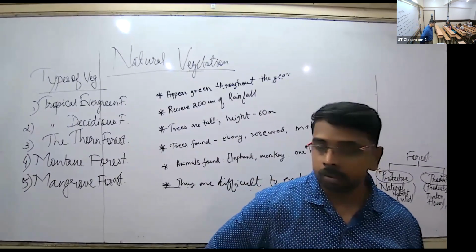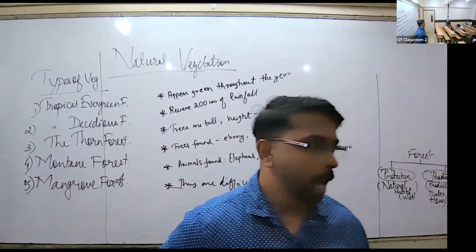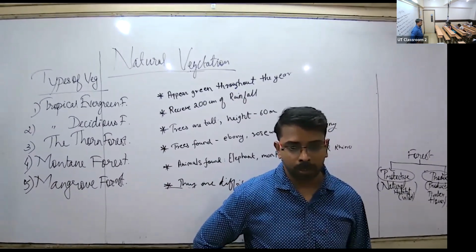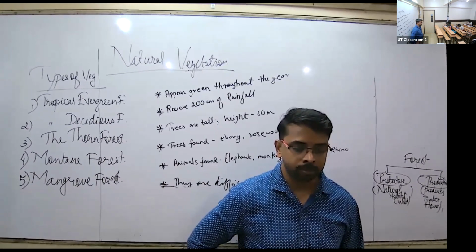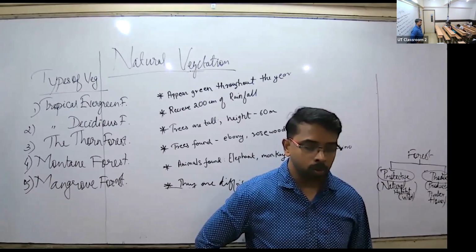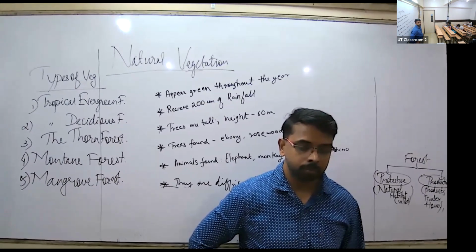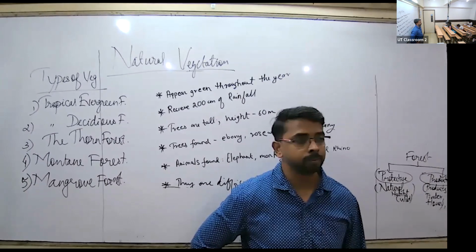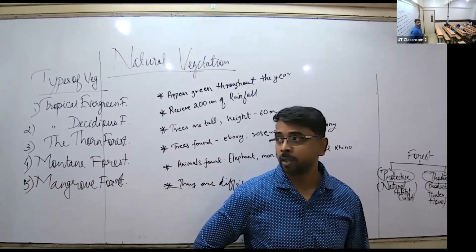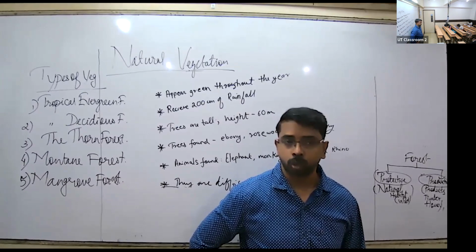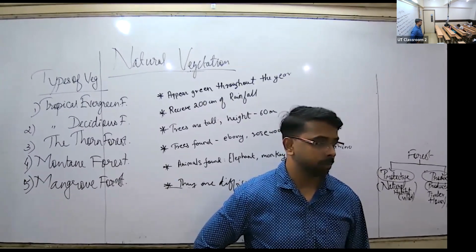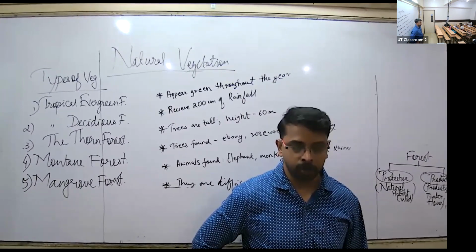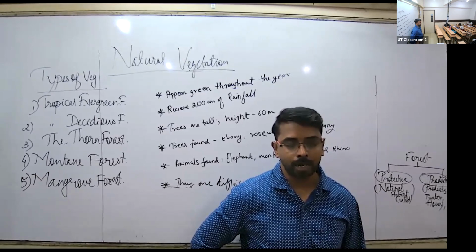Second, trees appear green, put that word green in double inverted commas, all throughout the year. Hyphen, different species shed leaves. I'm going too fast. Different species shed their leaves at different times.